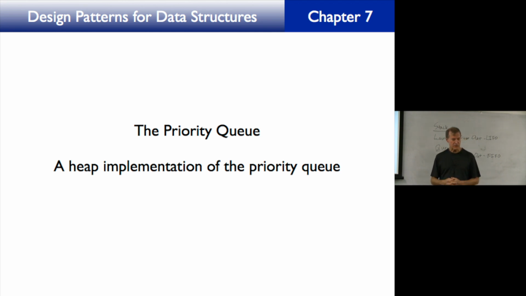It's a data structure where you want to always be able to access the highest value, in other words, the value that has the highest priority. That's why it's called a priority queue.